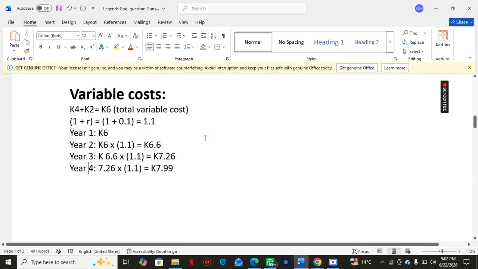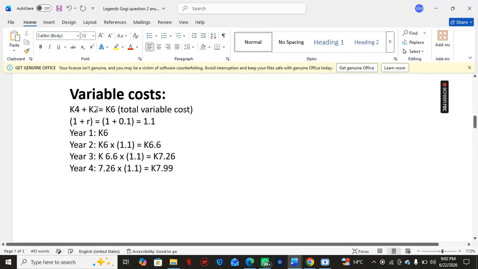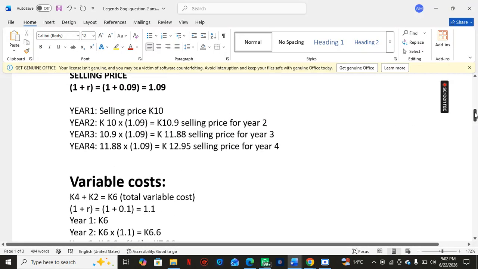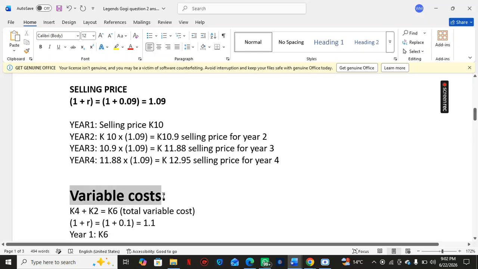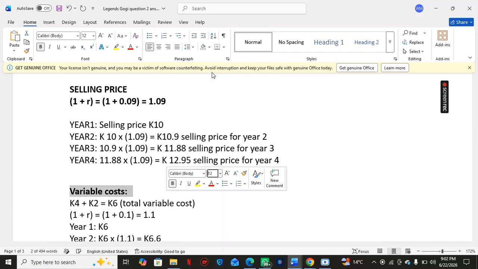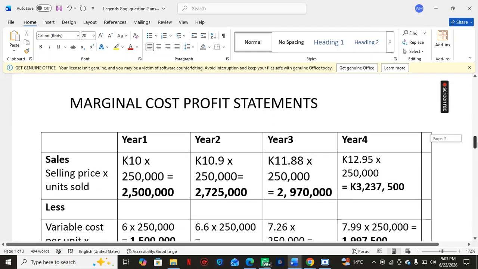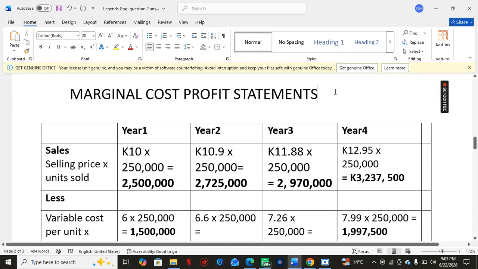Once you're done with these adjustments, we're going to make our profit statement. Okay, marginal costing profit statement. Since this is for 4 years, we need to calculate the profit for 4 years.